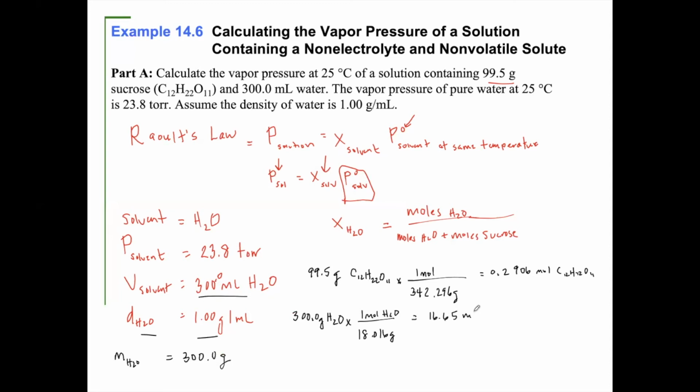16.65 moles of water. Okay, so the mole fraction of water is going to be that 16.65 divided by the sum of the moles of the sucrose and the water added together.